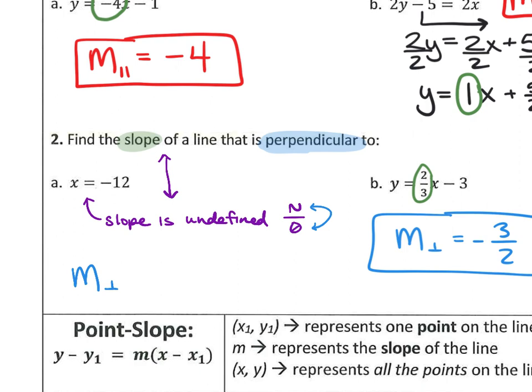And if I make it negative, is there such a thing as negative 0? No, so it's just going to be plain 0. So perpendicular, undefined, and 0 are opposites of each other, opposite reciprocals specifically. So if you have a vertical or a horizontal line, you have to use the opposite, 0 or undefined, to find the slope of the other line.